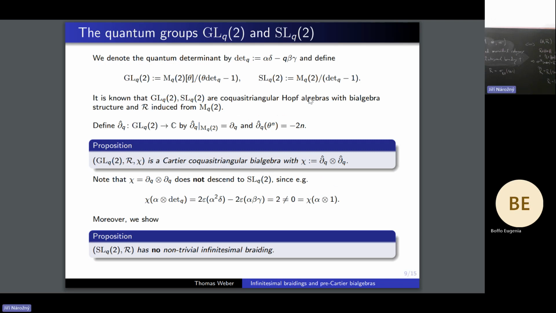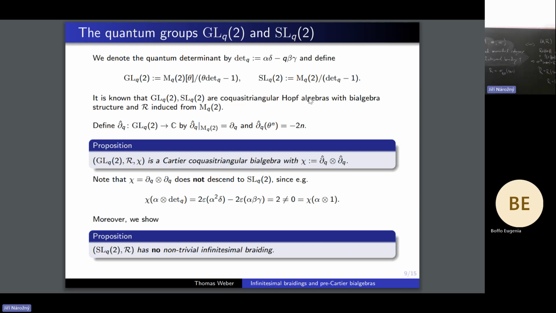Good. So if we have the 2x2 matrices, let's go to GL_q and SL_q and check if the same trick works here also. Pretty sure that you know, but just to explain what this is: you take a look at the quantum determinant that is like this, so just alpha delta minus q beta gamma.